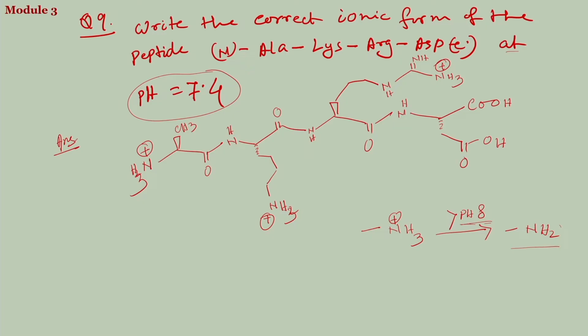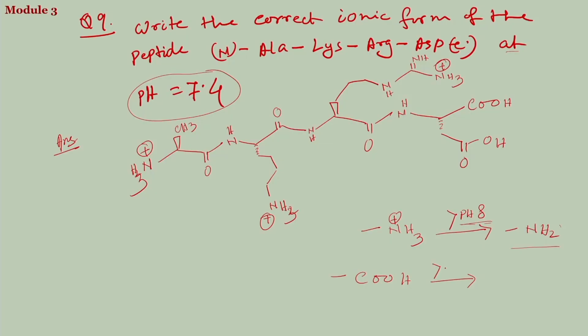Now, the other trend is for the carboxylic acids: they have a pKa value of course below 7, much below 7. At most, the pKa value of the carboxylic acids in the amino acids was close to 4, I guess.